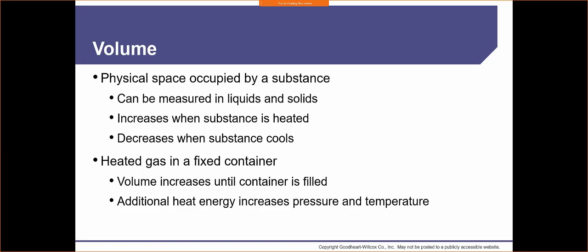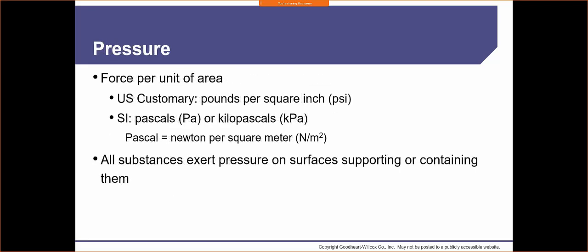Additional heat energy increases pressure and temperature. So if we add heat to that volume of a container, the pressure inside that container is going to increase, or it's going to decrease if we remove heat. We can remove heat by putting it into a refrigerator, putting it into a bucket of ice, whatever the case may be.